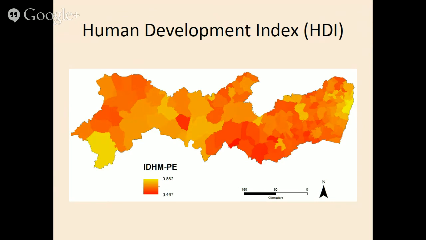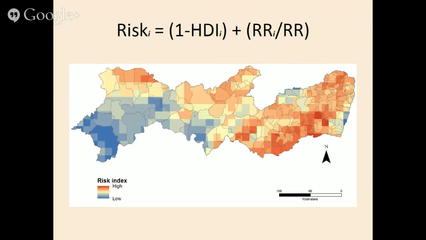And this is the Human Development Index that is related to education, health, and income of people. So when we have a lower human development index, we can start to think of more risk. So what they did is that they used such information to establish areas of risk: more richness of reservoirs and lower human development index was translated as risk of plague.